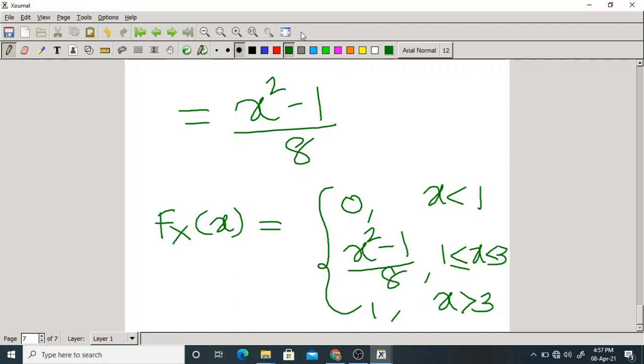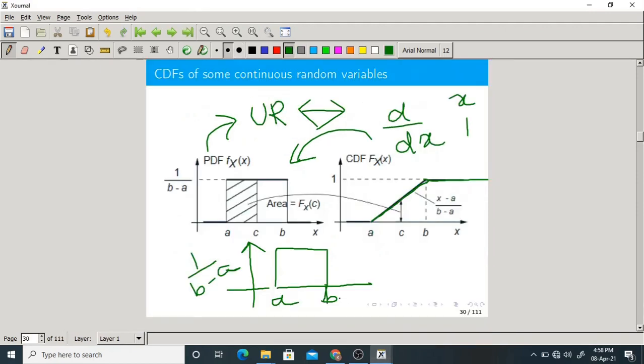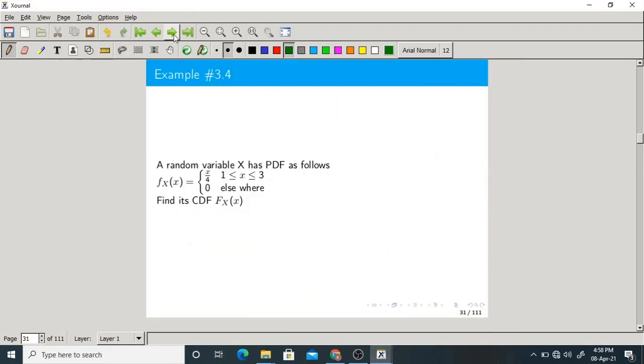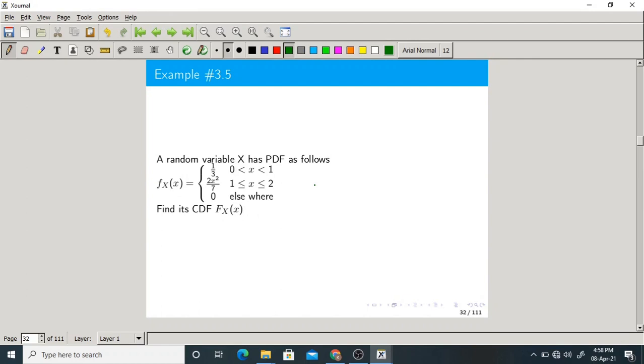What will happen? Differentiation of this is 2x by 8, that is x by 4. You got the PDF back. Now this is another problem. You solve this as homework.